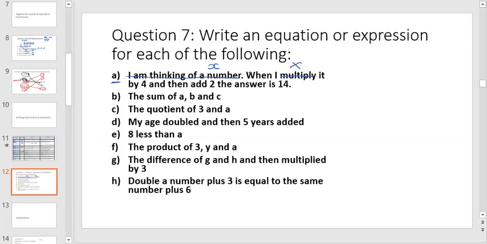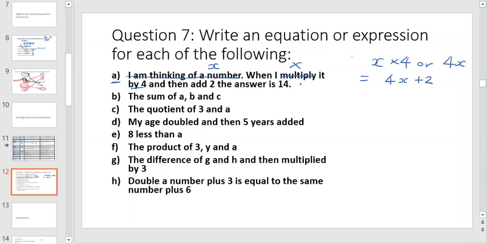So when I multiply it by 4, I'm going to have X times 4, which can be written as 4X. So far I have 4X. And then add 2. So I've got my 4X and then add 2.